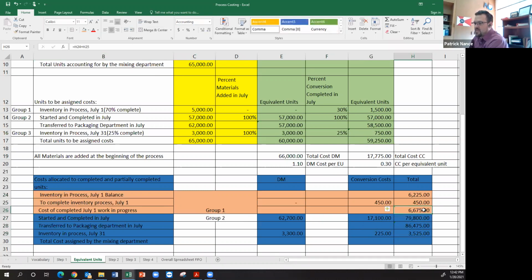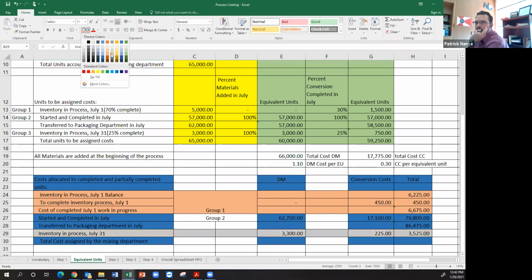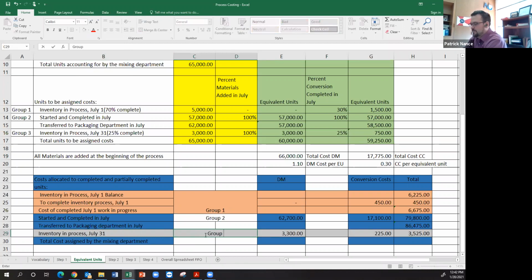So everything that was already started and completed, 6675, plus everything that was 100% started and completed. And then this here would be my group 3.